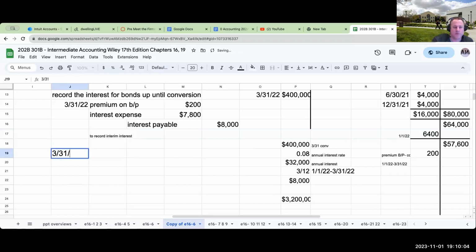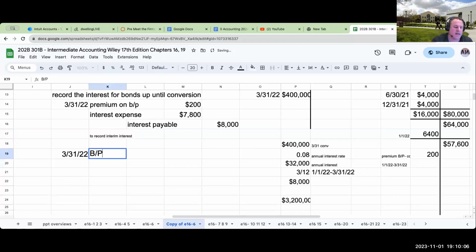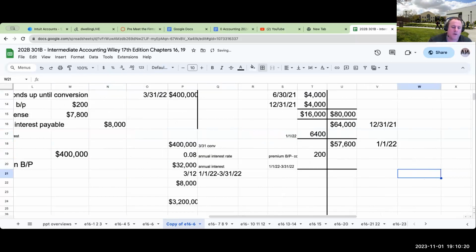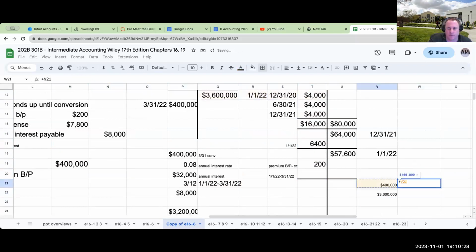When I get to 3/31/22, I know that I'm going to have to convert these 400,000 of bonds, but I also need to do the premium on the bond payable. When I do the premium on the bond payable, this is going to be in a ratio of 400,000 to the total number of bonds I have outstanding, or 3.6 million.